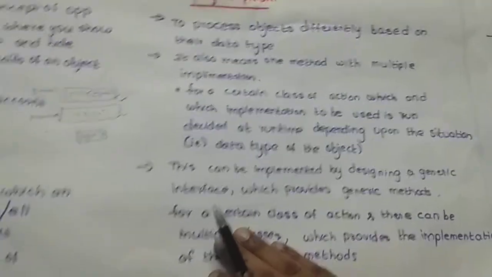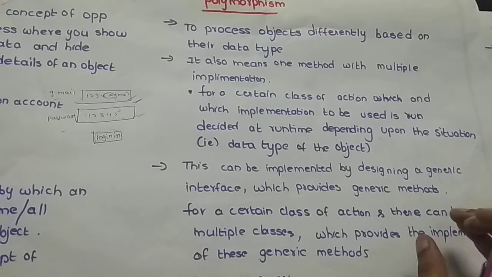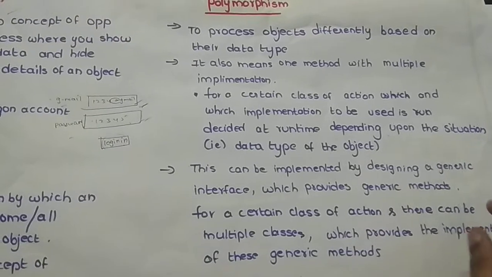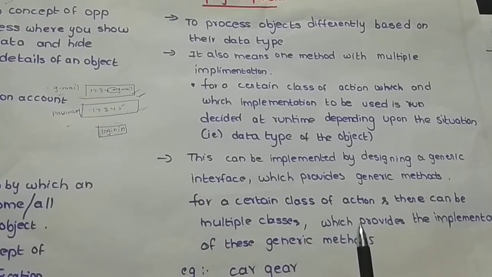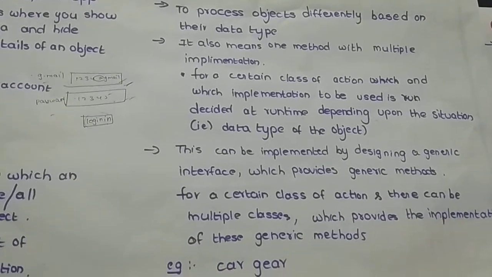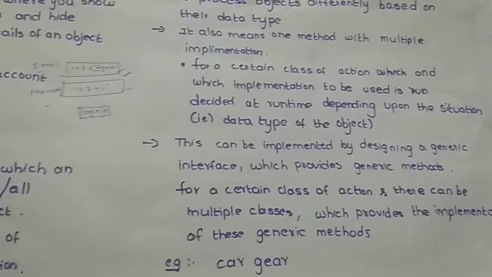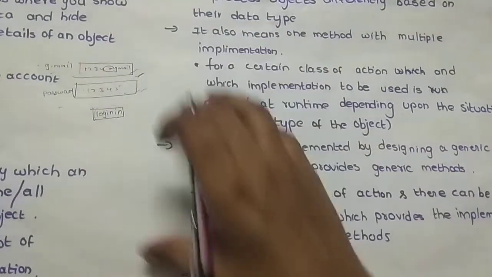This can be implemented by designing a generic interface which provides generic methods for a certain class of action, and there can be multiple classes which provide the implementation of these generic methods. After observing the example, you can understand what it means.